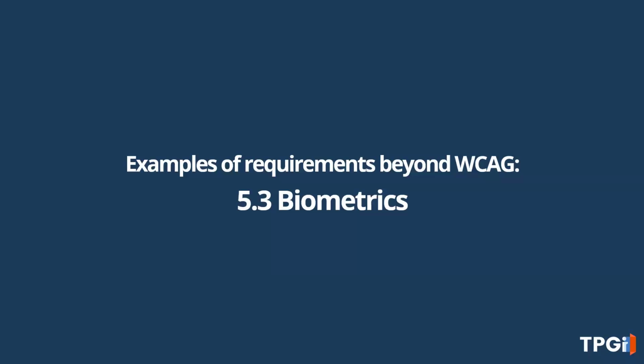EN 301549 in clause 5.3 goes further by requiring an alternative authentication method for any biometric verification. And this alternative can either be another biometric characteristic, say fingerprint and facial recognition, or a non-biometric method, ensuring that users who can't provide a specific biometric characteristic still have a way to authenticate securely.